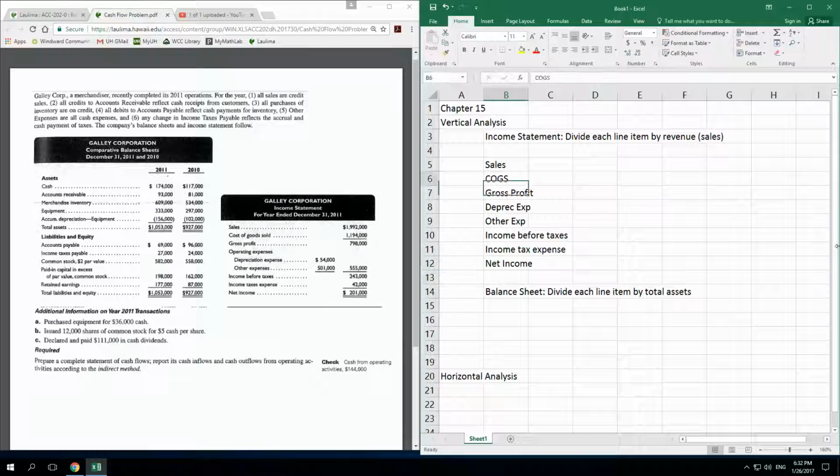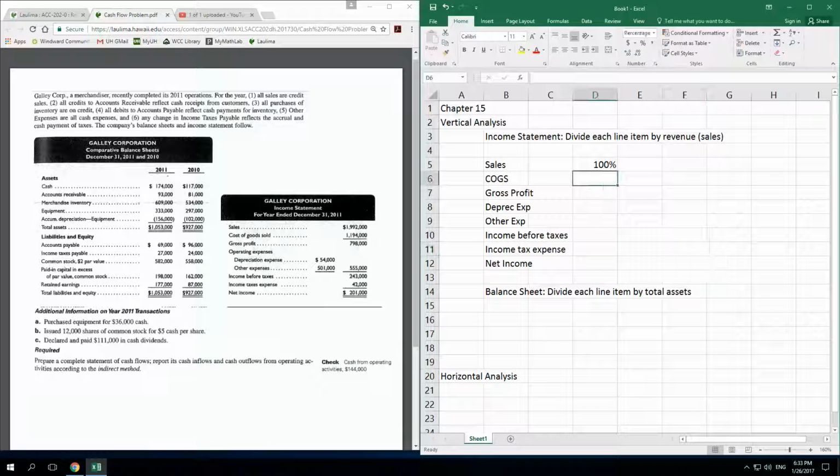So if I were going to divide everything by the sales figure, sales for 2011 was 1,992,000. So we know that 1,992,000 divided by 1,992,000 is 1, or we like to express this in percentage terms, 100%.